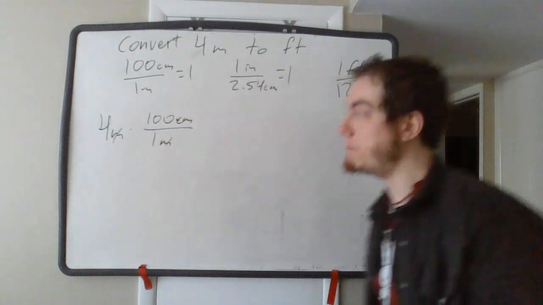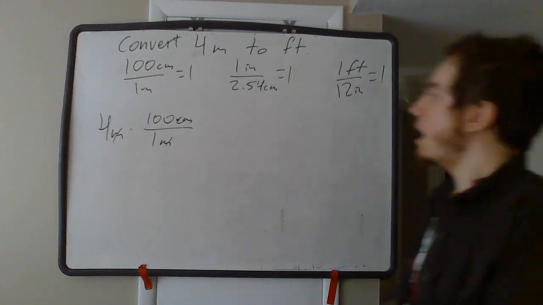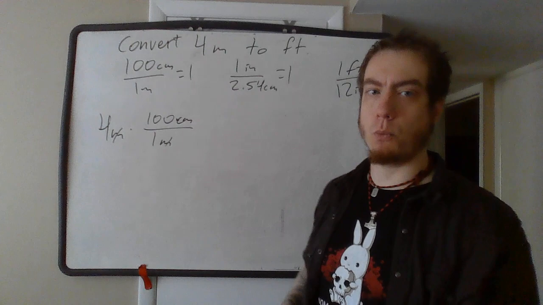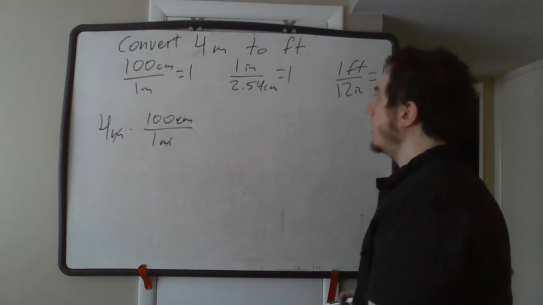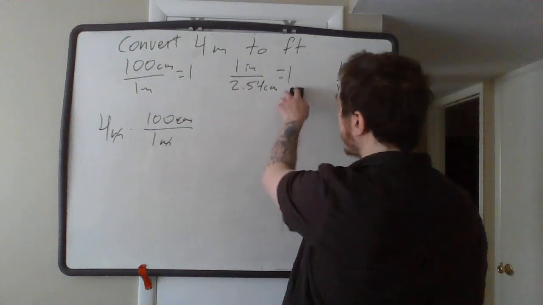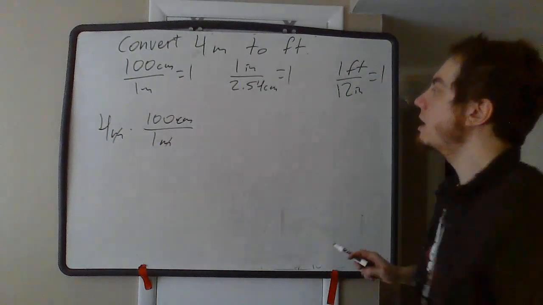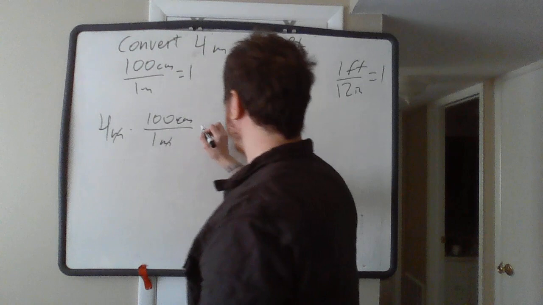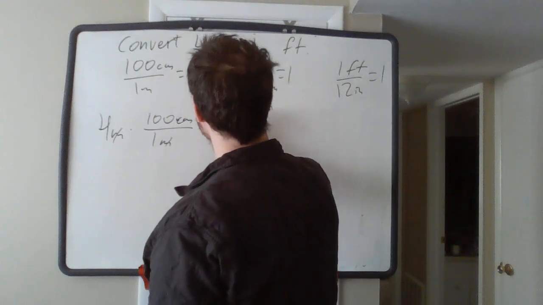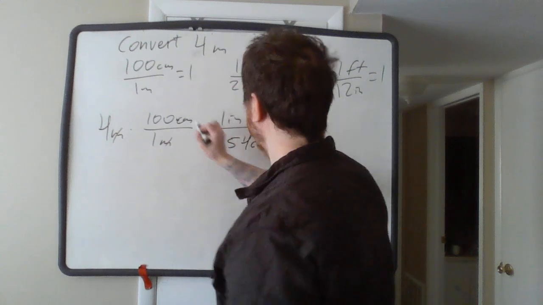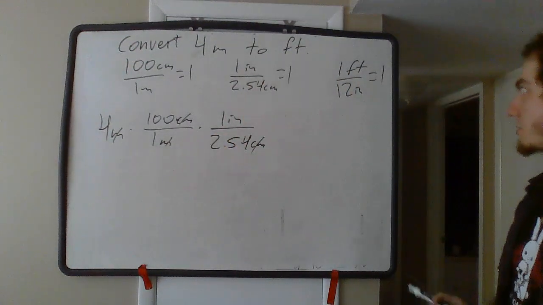That cancels my meters. Next, it leaves me with centimeters, but I ultimately want feet. So how can I get rid of the centimeters? Well, I can use this second ratio, because that has centimeters in the denominator, and that will get rid of the centimeters. So I multiply by 1 inch over 2.54 centimeters, and there we go, centimeters gone.